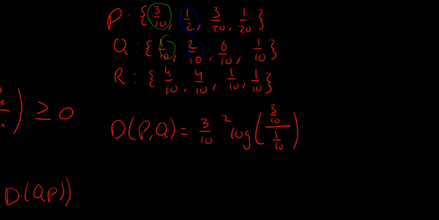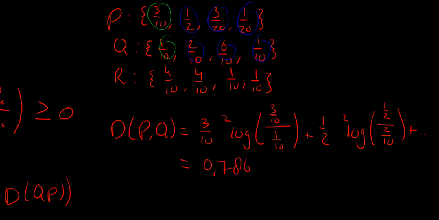We're not doing every combination, we're going through it with each index. Plus a half times 2 log of 1/2 divided by 2/10, plus all the other ones, so 3/20 and 6/10 and 1/20 and 1/10. And this will result in a value of 0.7864 and more.